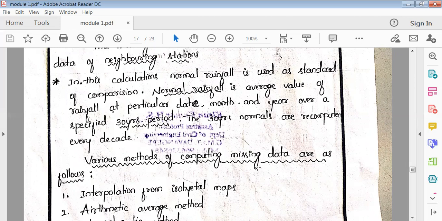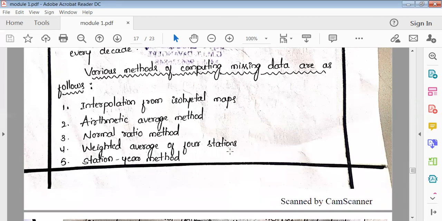Using these methods, from the neighboring rain gauge stations, we can estimate the missing rainfall data. The various methods used here are: interpolation from isohyetal maps, the arithmetic average method, the normal ratio method, the weighted average of 4 stations, and the station year method.